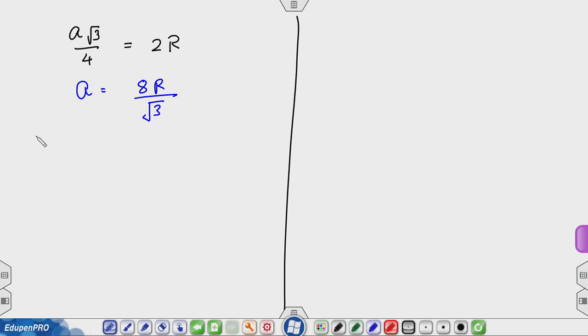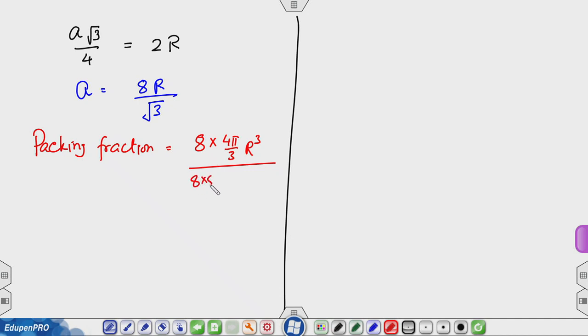So, packing fraction therefore is going to be 8 atoms in the cell. Each one has a volume of 4 pi by 3 r cubed divided by the volume of the cell, which is going to be 8 times 8 times 8 r cubed divided by 3 root 3.